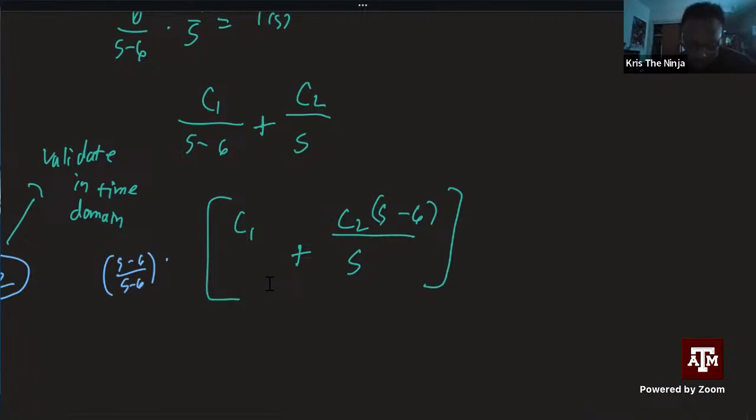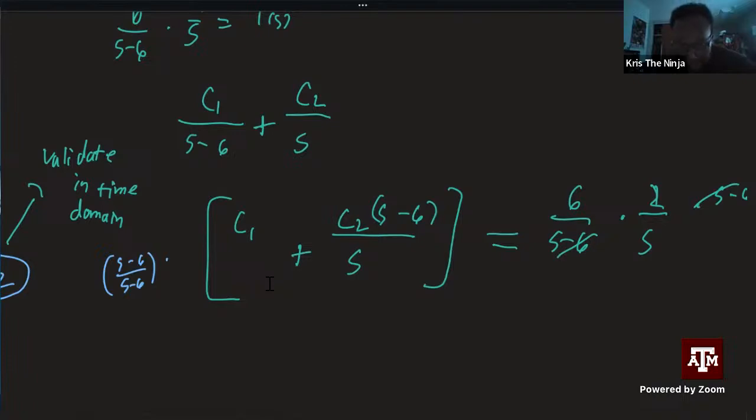That's supposed to equal 6 over S minus 6 times 2 over S, times S minus 6. Got to be careful with those parentheses. This S minus 6 cancels with that one.